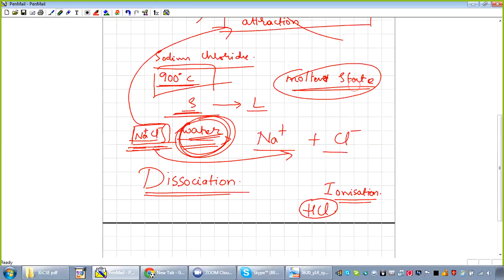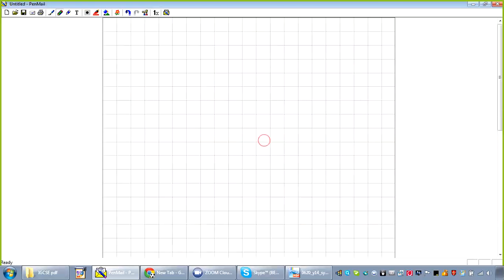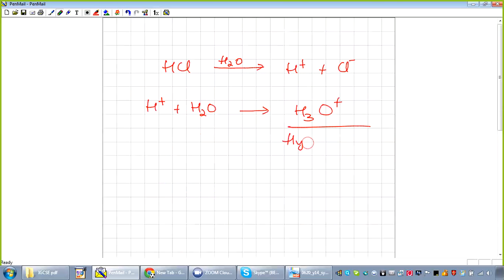We'll just come back to the topic of acids and bases. Now, HCl we have done. When it is in the gaseous state, it's a poor conductor of electricity because there are no ions present. Only after you dissolve it in water does it form H+ ions and Cl- ions. This H+ will combine with water to form H3O+, the hydronium ion.